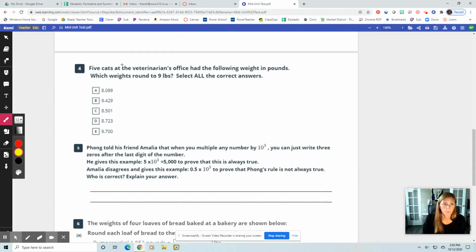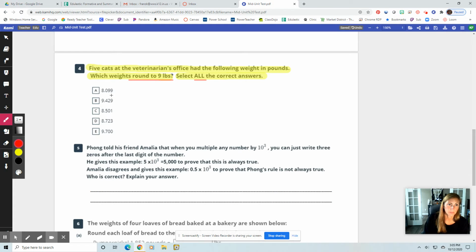All right, question 4. 5 cats at the veterinarian's office had the following weight in pounds. These are big cats. Which weights round to 9 pounds? Select all the correct answers. So we need to find all the correct answers for rounding to 9 pounds.